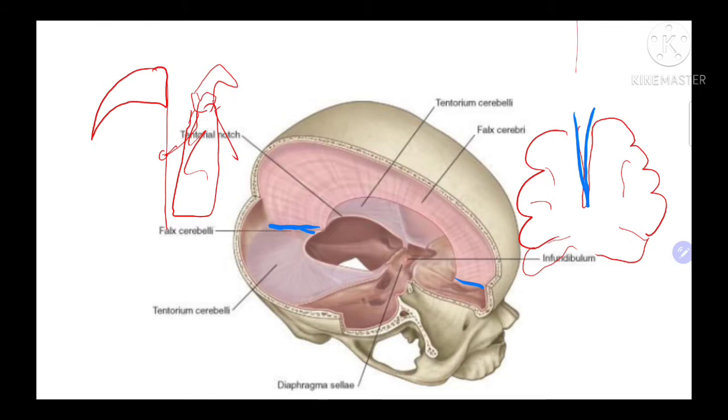Crista galli, we remember, is a vertical osseous process of the ethmoid bone. It has a superior border, you see here. All this is the superior border. It's convex, and this superior border, all this trajectory, has the fold for the superior sagittal sinus.